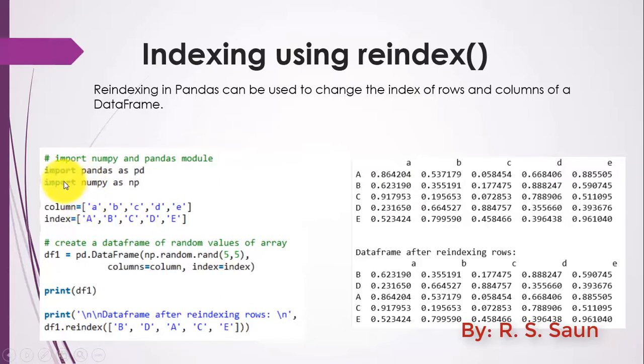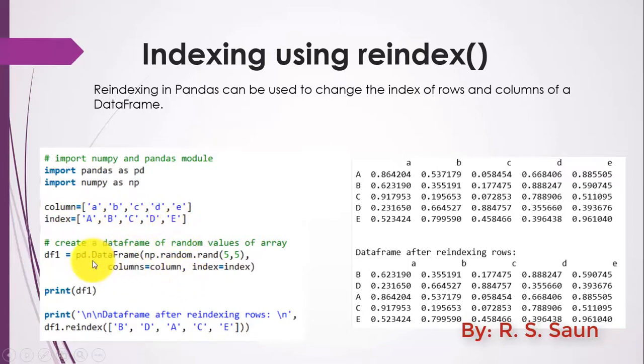The two packages we need for this example are pandas and numpy, and you can see we have two lists, one for columns and one for row indexes. The columns have small a, b, c, d, e, and the index has a, capital B, C, D, and E respectively.